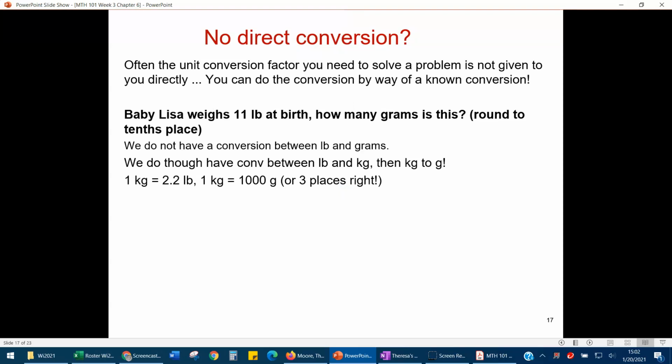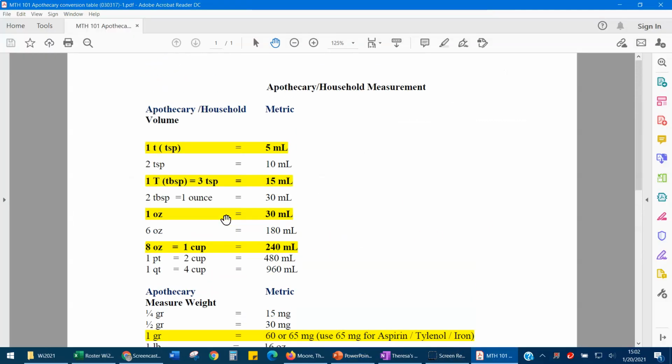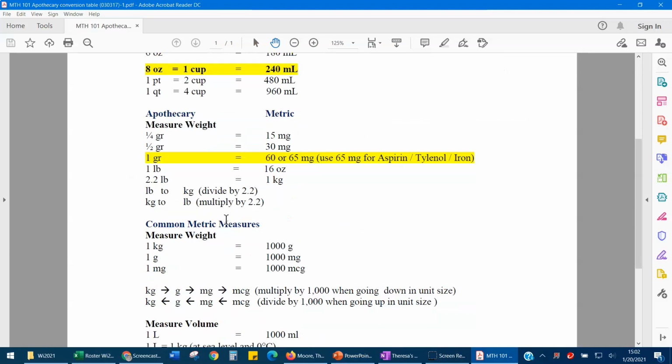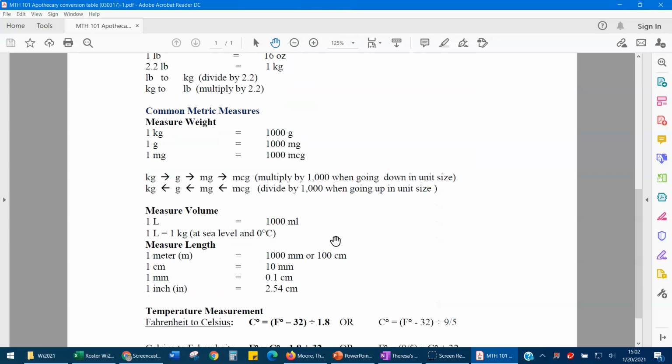Okay, so the next thing we want to talk about is, what if there's no direct conversion? Meaning you don't have a direct conversion factor. You don't have an equivalency. So if we're going from pounds to grams, if you look at this sheet, there is nowhere it's going to tell you how many pounds equals how many grams, or how many grams equals how many pounds.